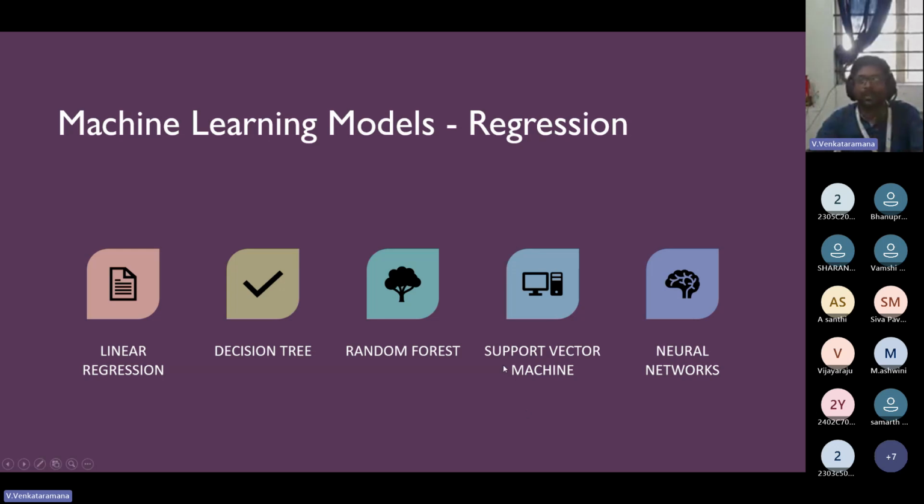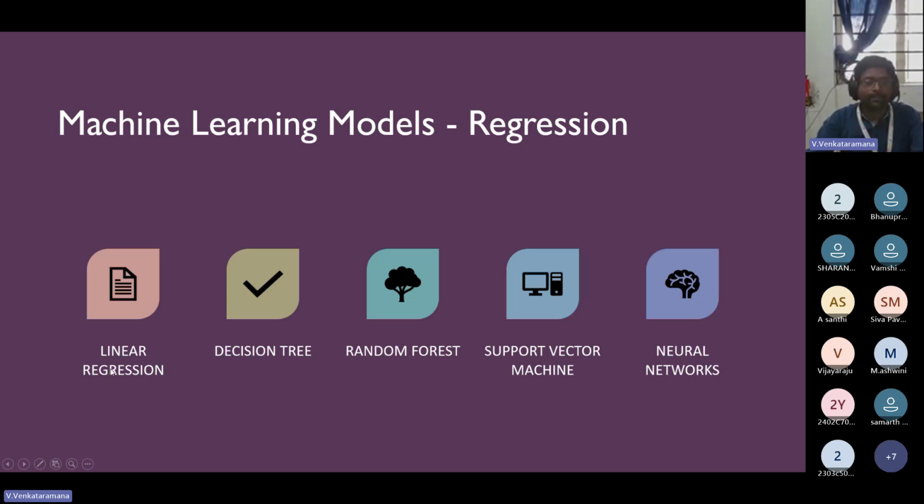The machine learning models to solve the regression problems: you can use the linear regression model, decision tree, random forest, support vector machines, and neural networks, and many more are available, and a few of them are listed here under machine learning.